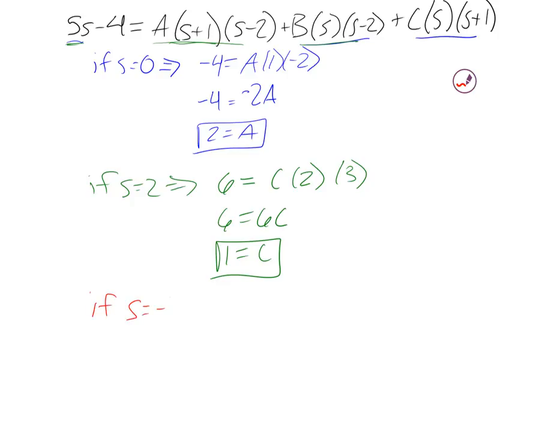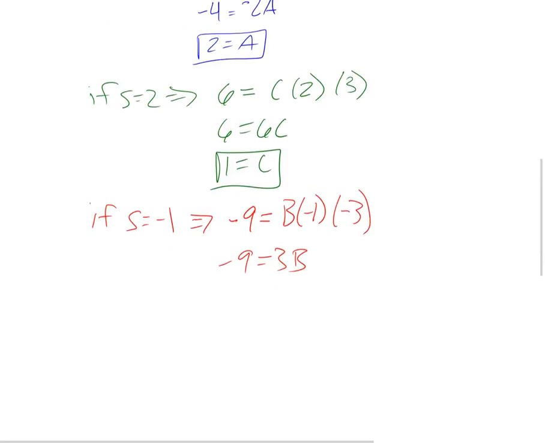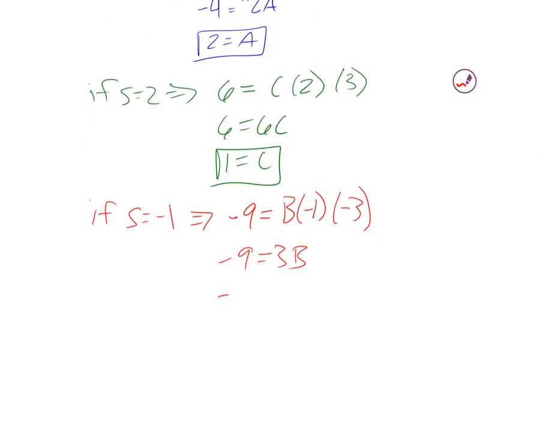If s equals negative 1, then negative 1 times 5 is negative 5, minus 4 is negative 9, is equal to, since the other terms are 0, B times negative 1 times (negative 1 minus 2), which is negative 3. So negative 9 is equal to 3B, and then we just have negative 3 equals B.